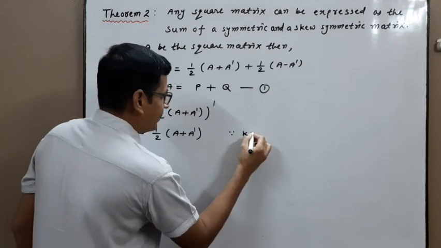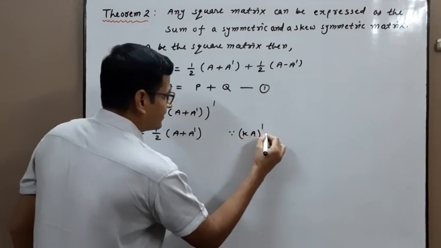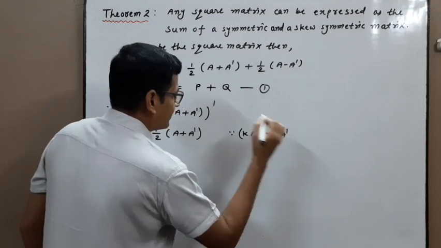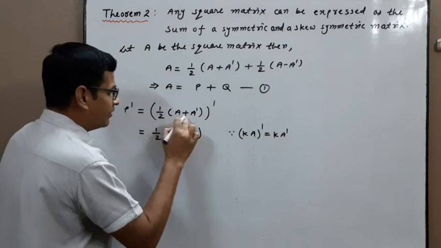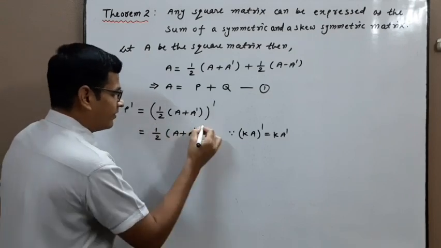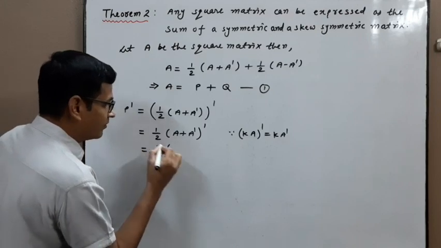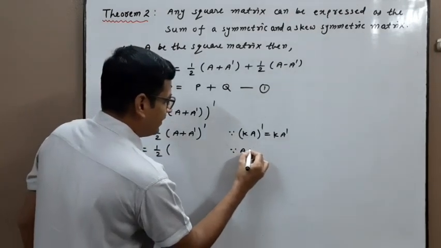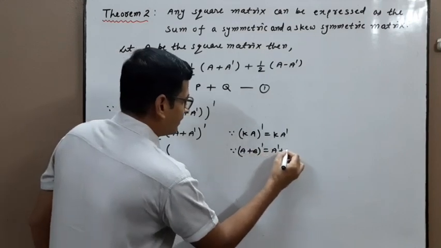Since the transpose of any scalar K into matrix A equals K into A dash, let us consider A plus A dash as a single matrix, that is scalar into matrix, so dash. Next step, 1 by 2; this time apply this property, (A plus B) transpose is equal to A transpose plus B transpose.